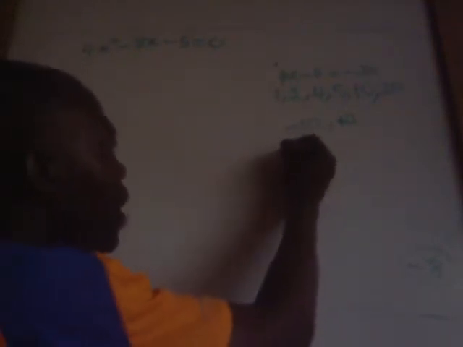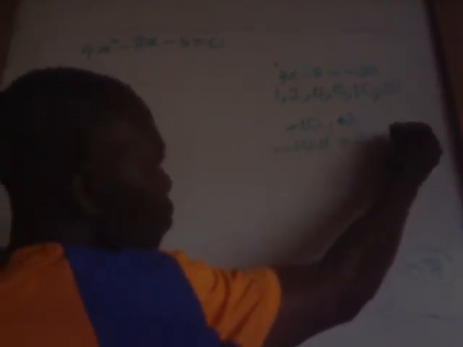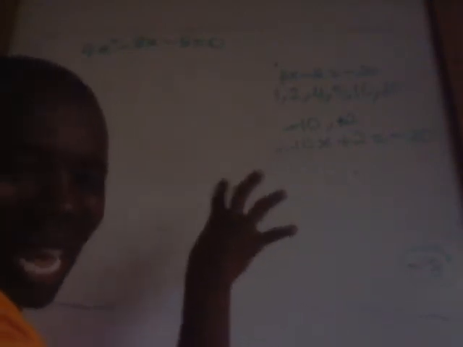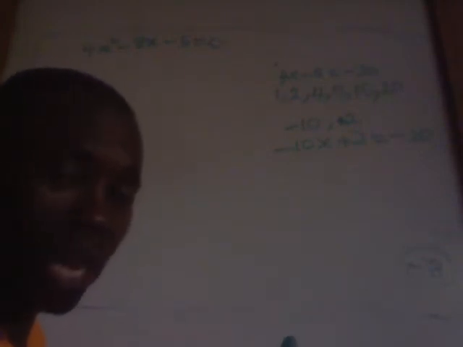So let's multiply them together. Minus 10 times plus 2 gives us minus 20. Good. Condition 1 has been met. Then condition 2 says to join them together as they are, that is minus 10 and plus 2, and see whether you get the coefficient of the second term.